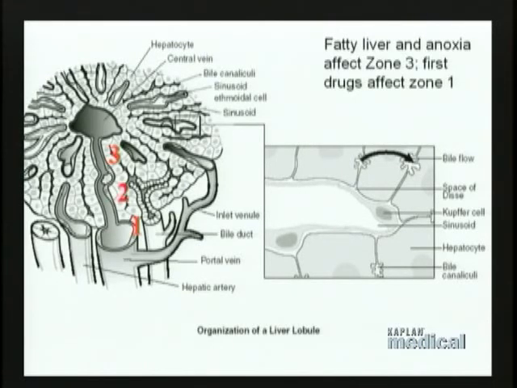For example, patients that are associated with chronic alcohol abuse tend to develop signs of a fatty liver, and this basically characteristically affects zone 3 first, as well as certainly anoxia, sudden decrease in arterial blood supply of the liver, will affect the zone of the liver furthest away from the entering blood, and that's also going to be zone 3. Certainly drugs are going to affect hepatocytes in zone 1 first, because they're going to be the first region of hepatocytes that are going to be affected by those entering drugs.